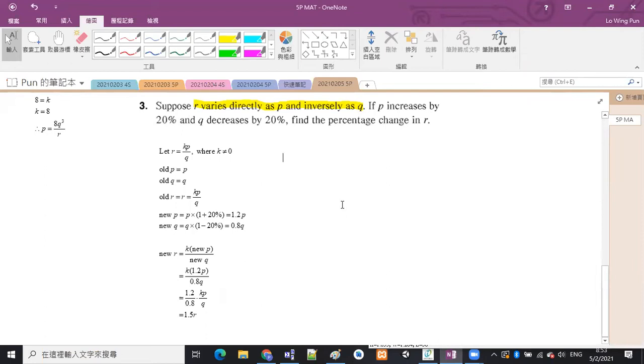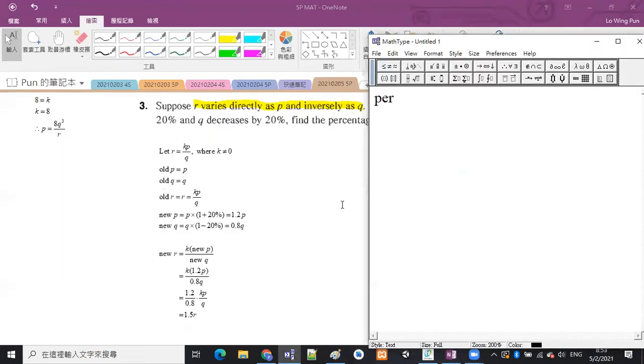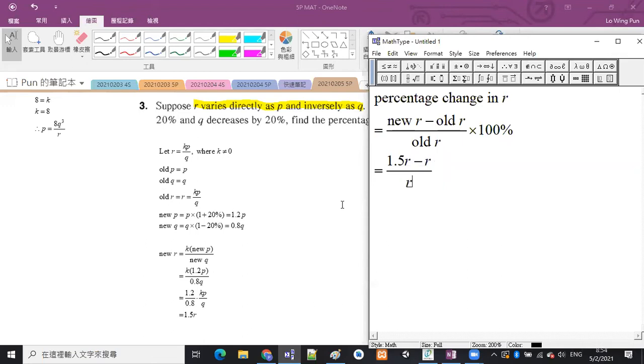And then we are ready to find the percentage change now. Percentage change in R should be equal to the new R minus old R divided by old R times 100%. Okay, and then we have already done our preparation. New R is 1.5 R, and then minus old R is just R times 100%.